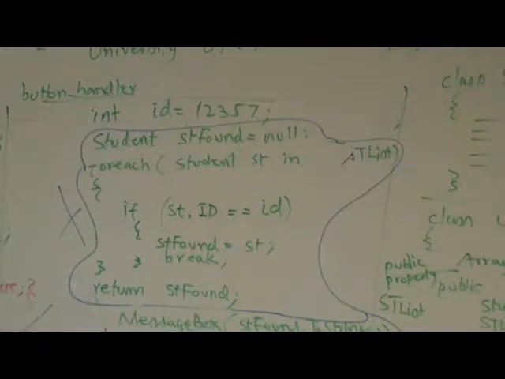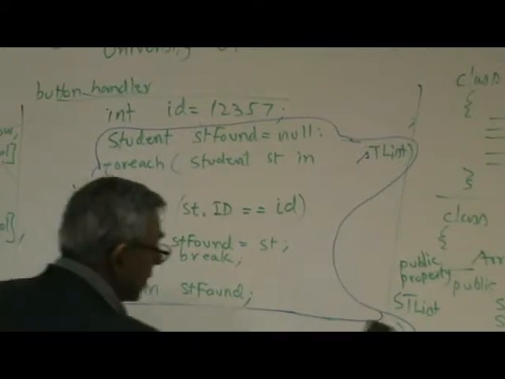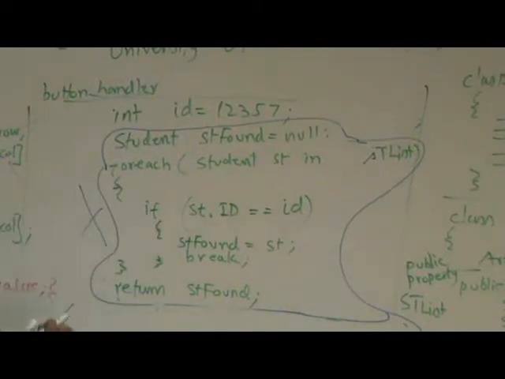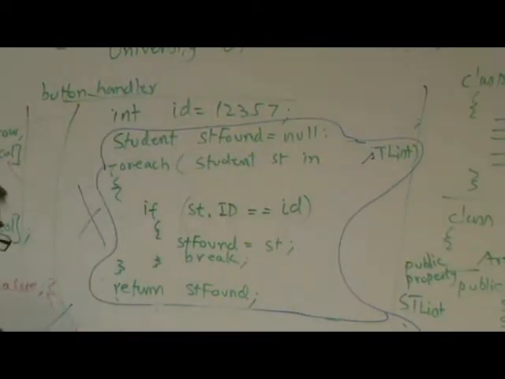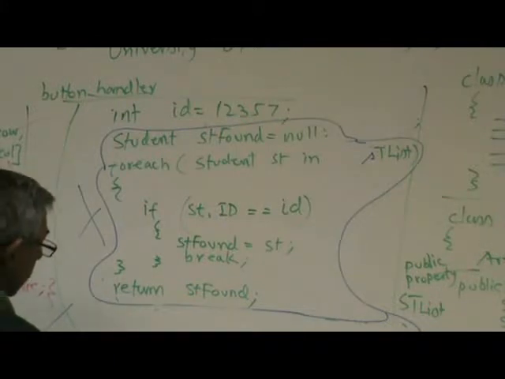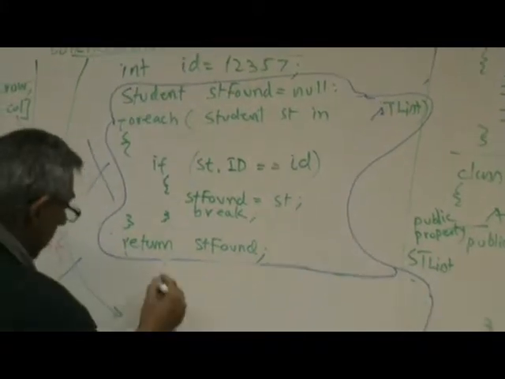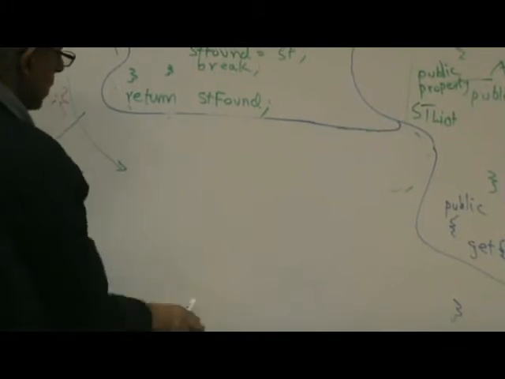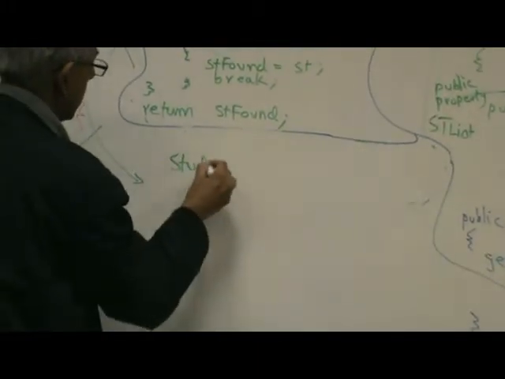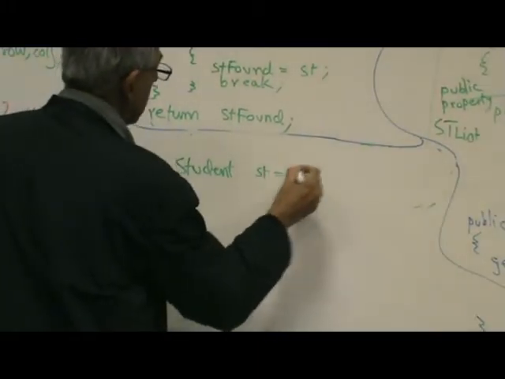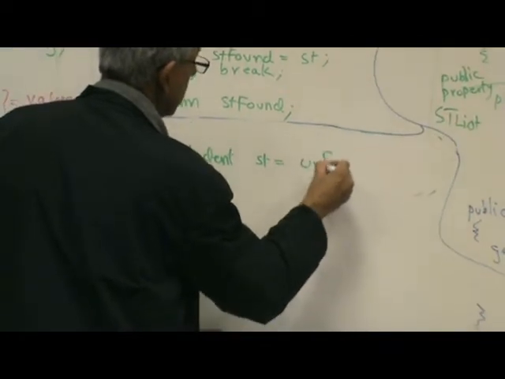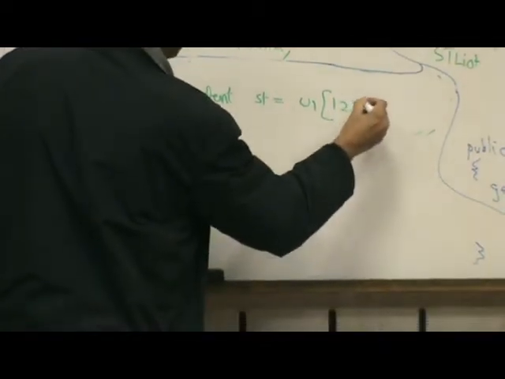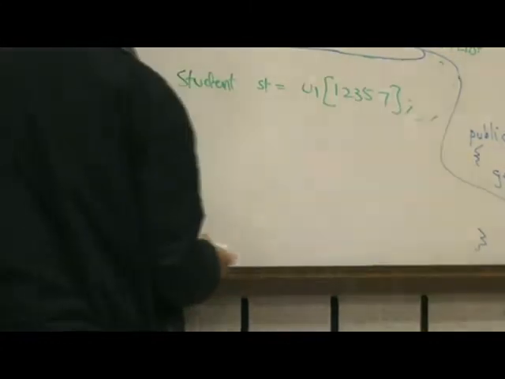Once we have moved it over here, how will the code in our button handler look like? We can simply write a small if statement over here. First, let's go Student st equal to u1 of 1, 2, 3, 5, 7, correct?